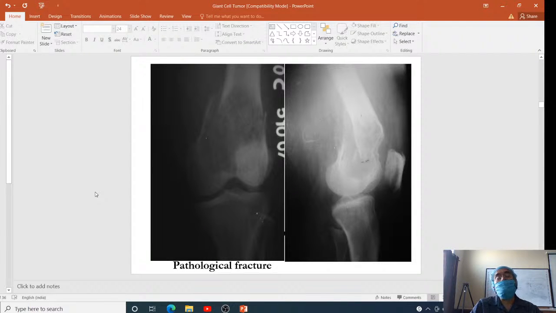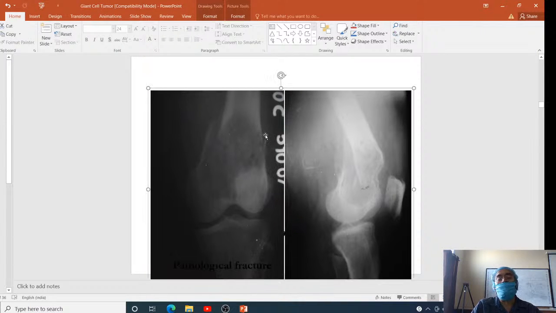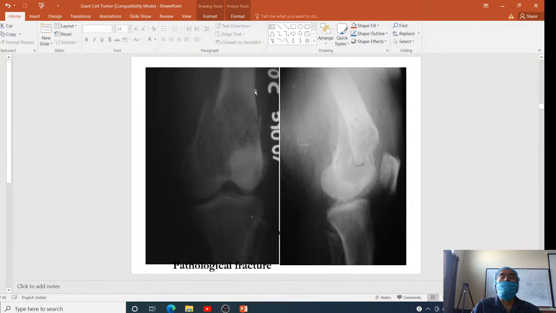If that becomes more aggressive, the X-ray quality may not be good, but I just want you to have a look at what happened. Okay, so you can see the swelling from here till here. And there is a break in the cortex. So there is a pathological fracture. Breaking a femur is not easy.